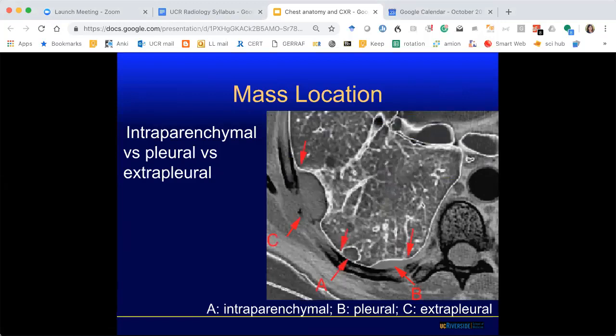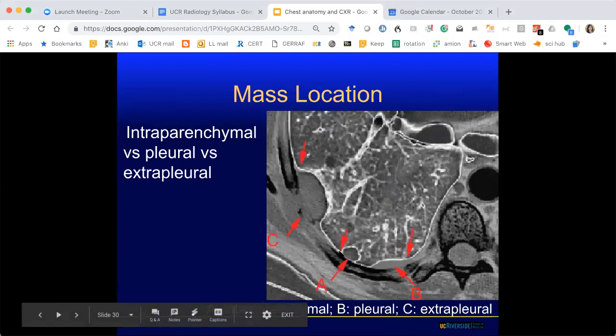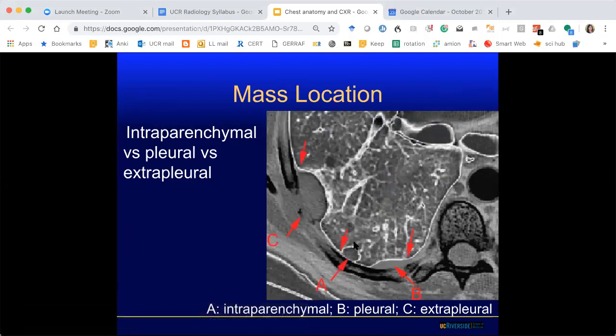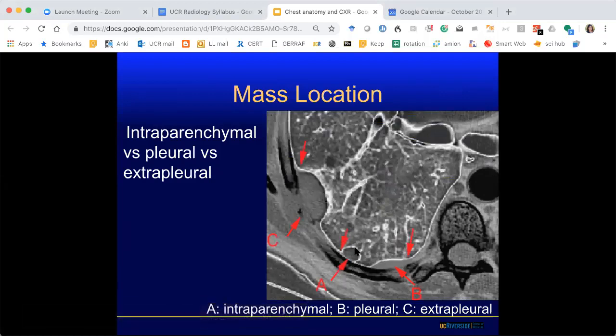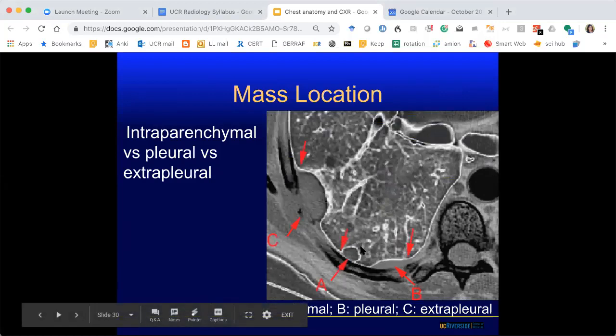So, for example, if you look at A, what do you think about A? Is it in the parenchyma, in the pleura, or is it extrapleural, outside the lungs? Okay, parenchymal. And why do you think it's parenchymal, Veronica?